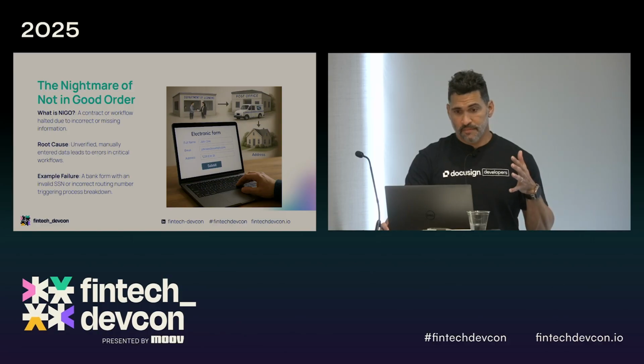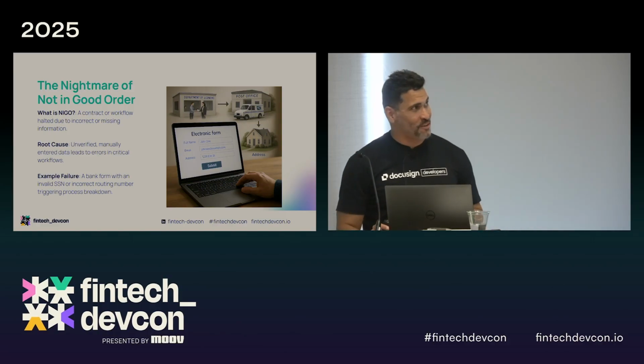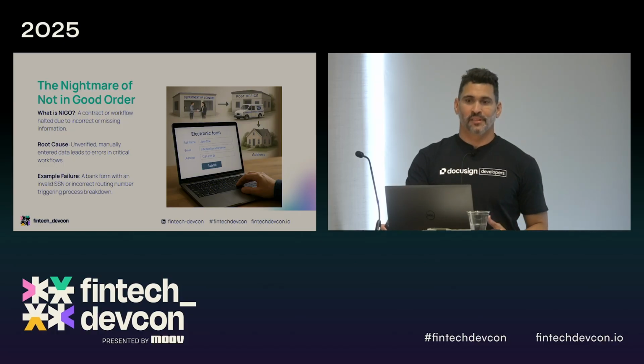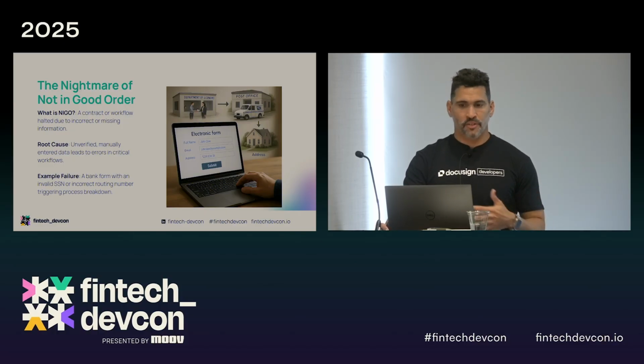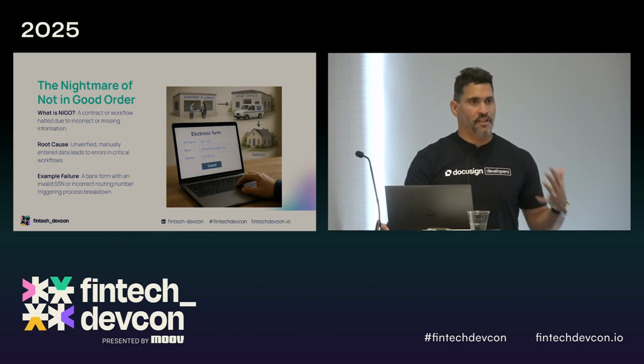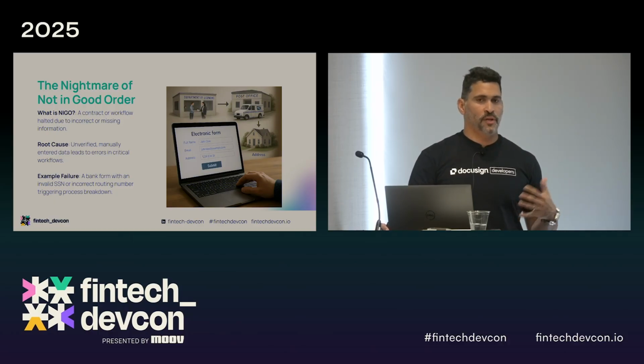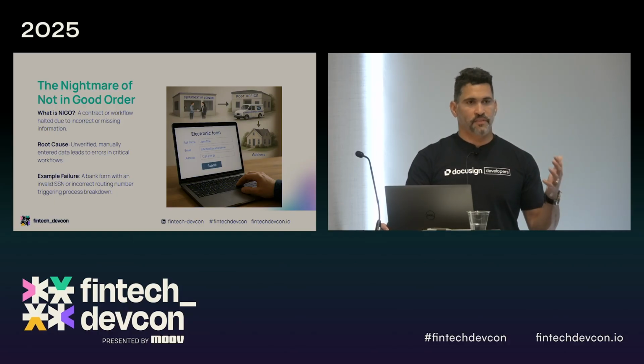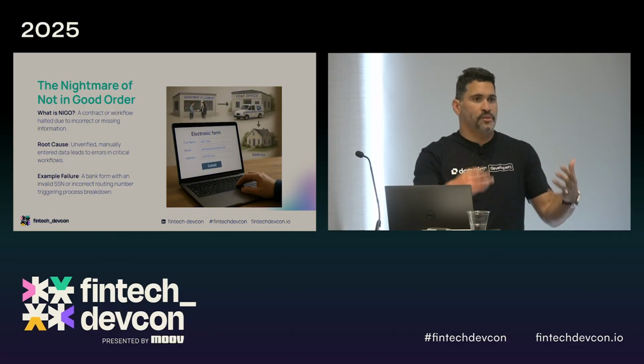So let's define and point a finger at the villain in the story, which is NIGO: not in good order. As many contracts and financial processes go, required data entry is a must. Now, you can always say that data entry can come from different systems, but how does data get into the system to begin with?